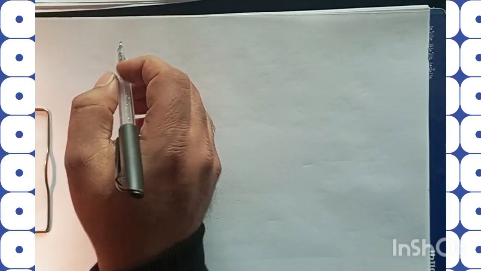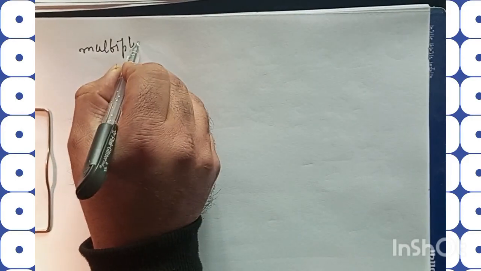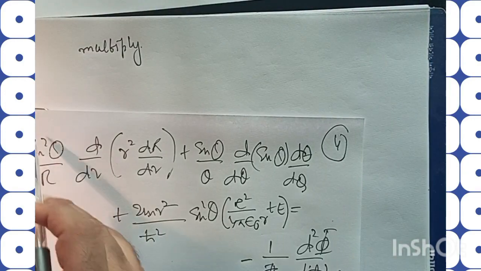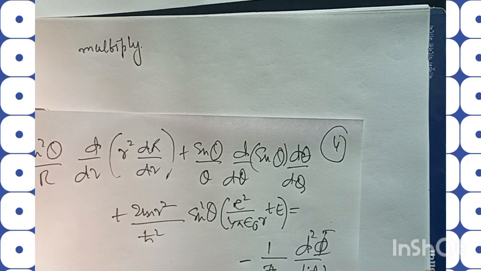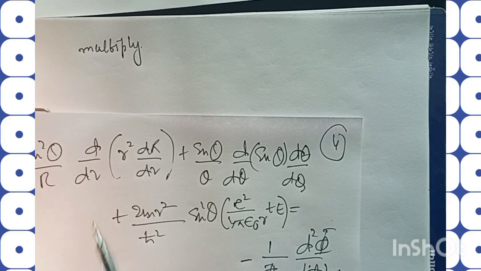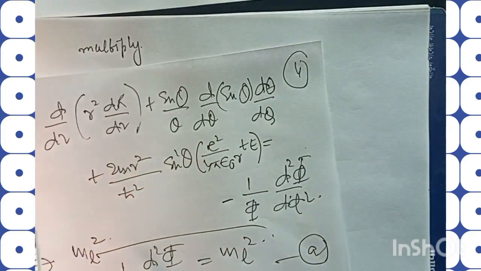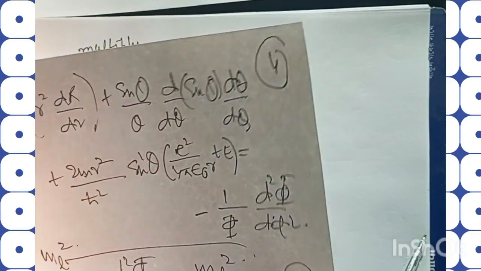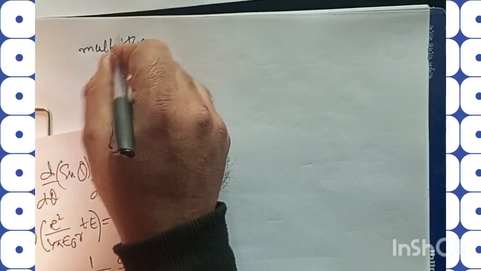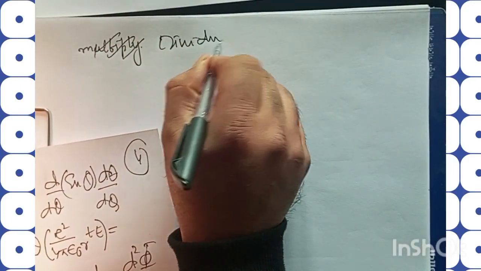What we can do here is divide this whole equation by sine square theta, because this whole thing is equal to ml square. Not multiplying, I have to divide.